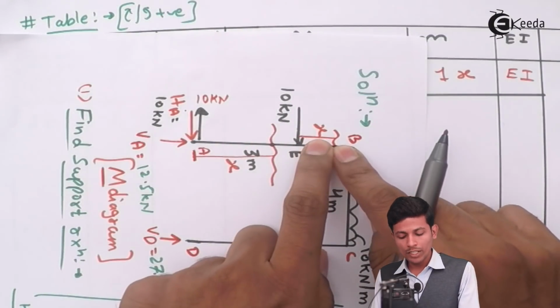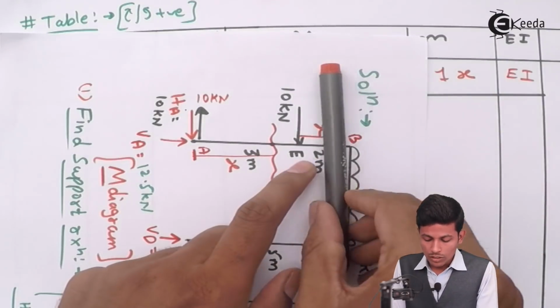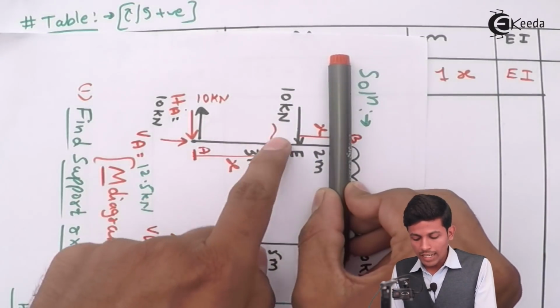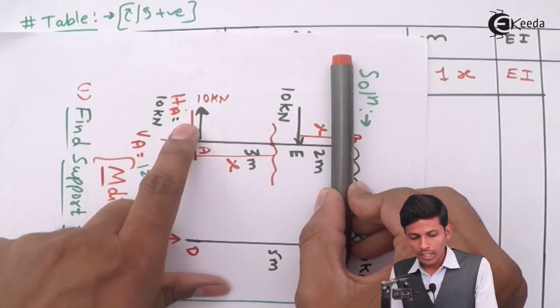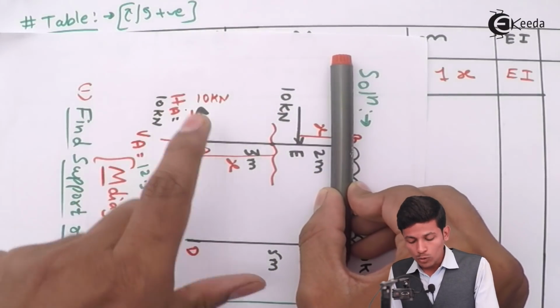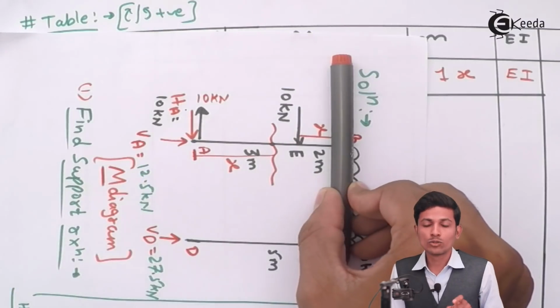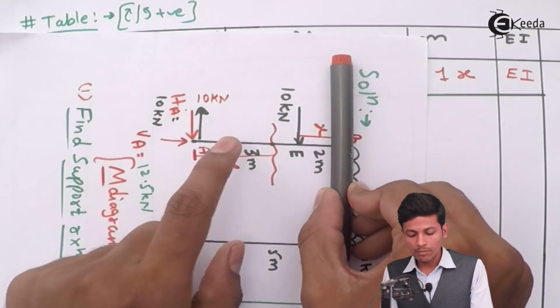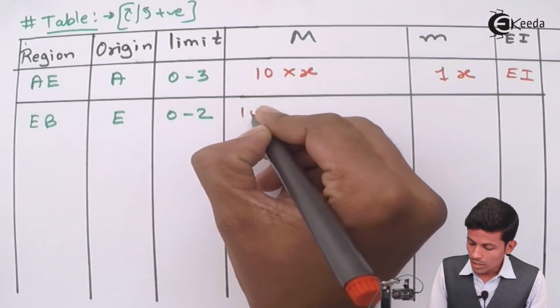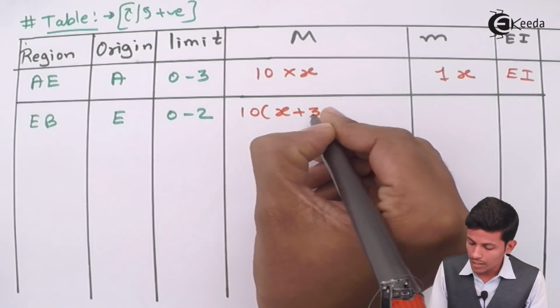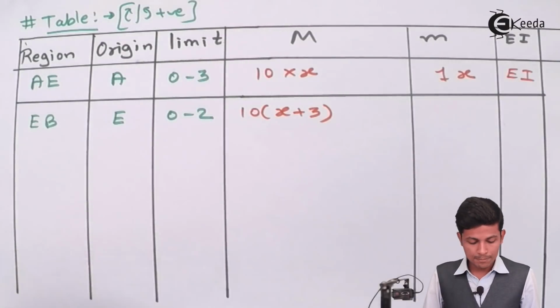We are taking bending moment over this point, so this 10 into 2x directly comes minus. Okay, see, what will come is plus 10 into this 3 plus x. So x plus 3, the distance will be 3 plus x. So write over here 10 into x plus 3.